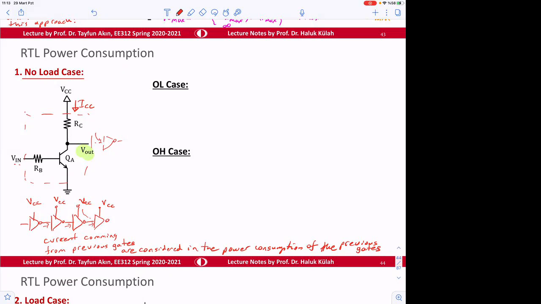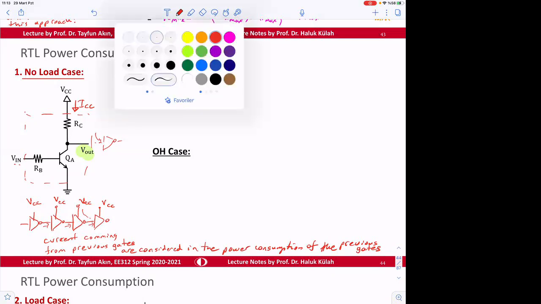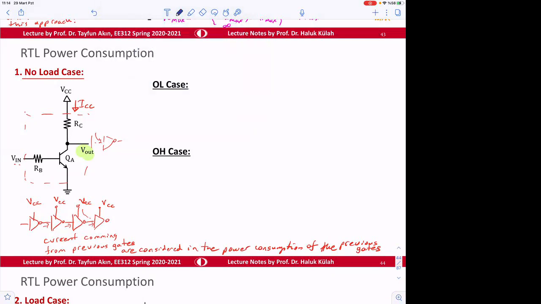Now for output low case, we can find the power dissipation. We know that this QA is what? What is the state of QA? Saturation. It's in SAT, okay. QA in SAT.